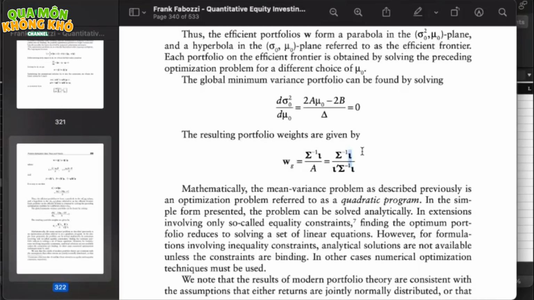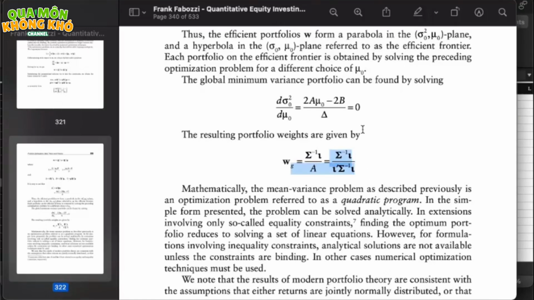Then divide by the unit vector transpose multiplied by the inverse covariance matrix and multiplied by the unit vector. It's very simple. With this formula, you can find the minimum variance portfolio.